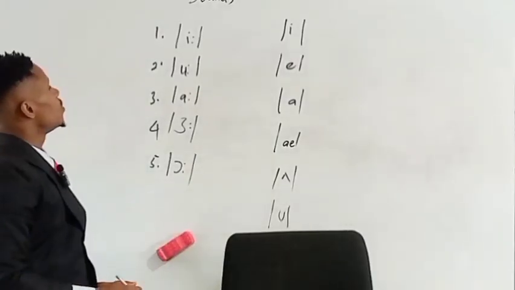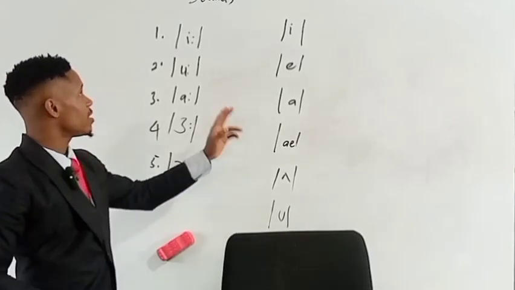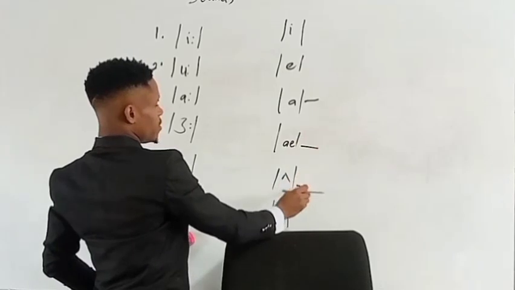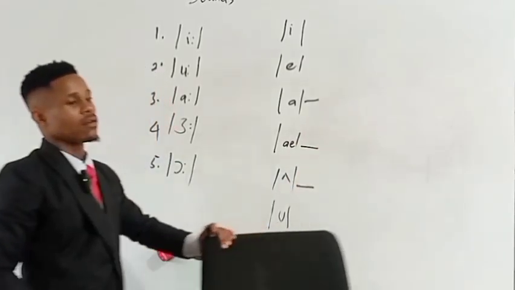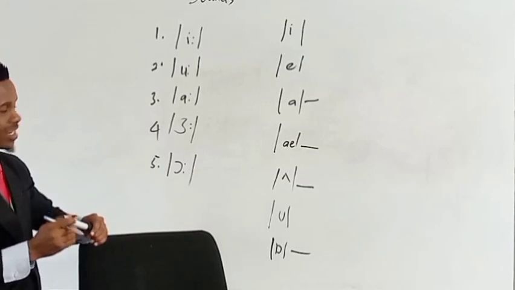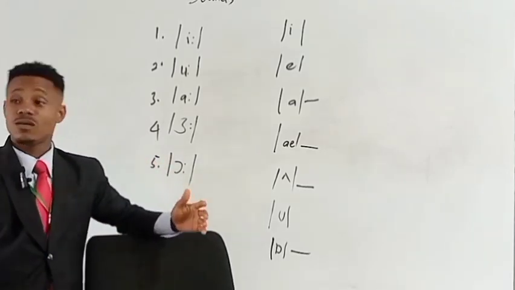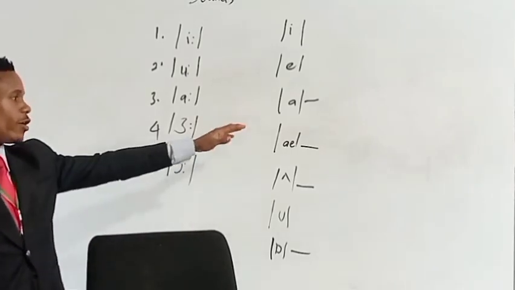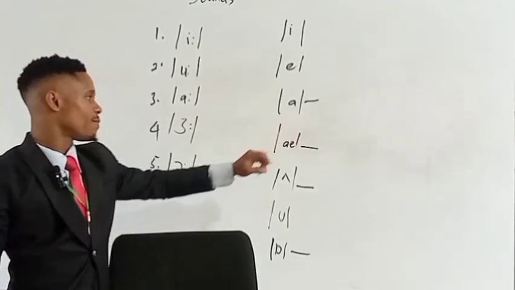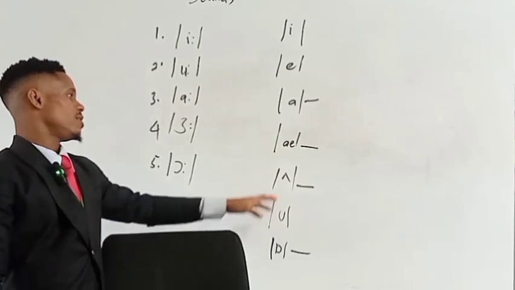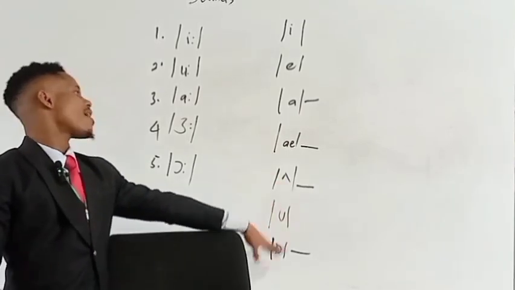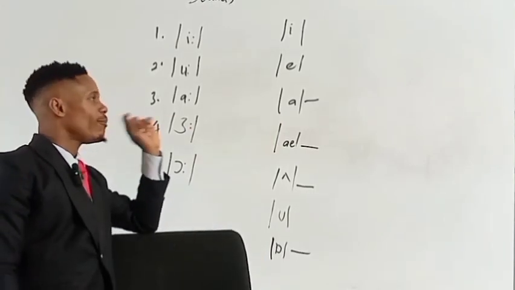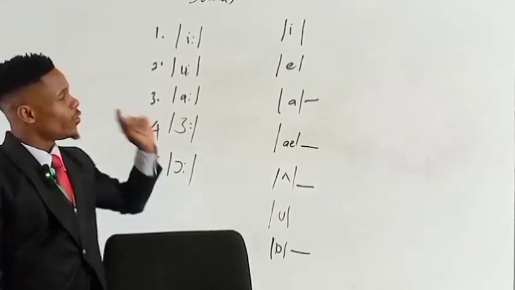Now, look up. In these particular short vowels, this and this sound alike. If you are going to pronounce this, it is "ah." At least that's the sound of it. But I'm going to differentiate it, so you have to listen to me.